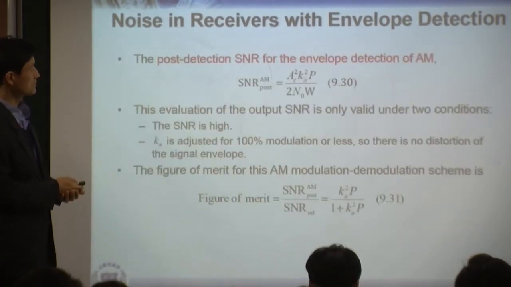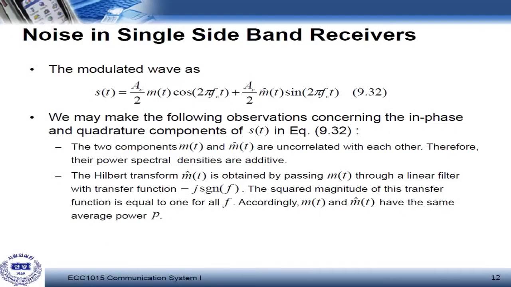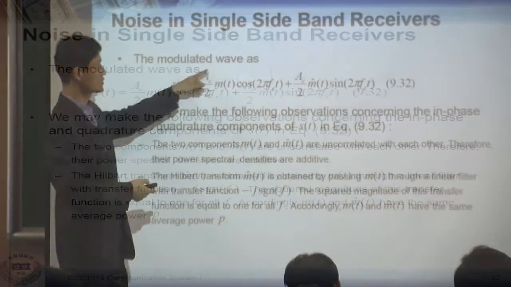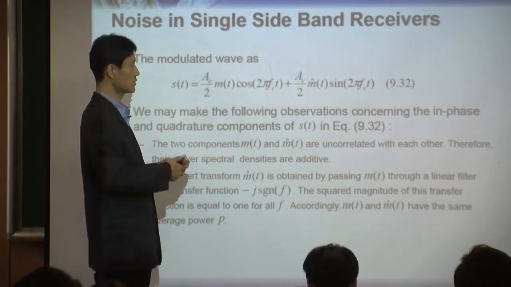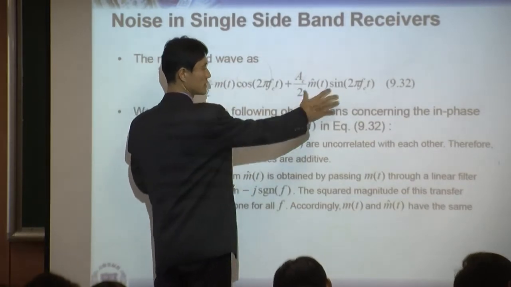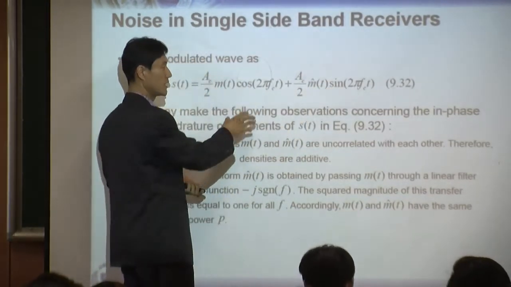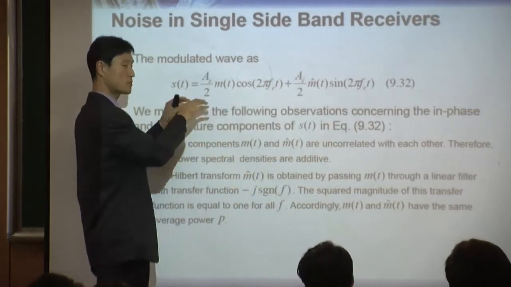For SSB, same way. This is the signal, so you square this and take an expectation, the same way. But in this case, when you square this whole thing, since we have two terms, this squared plus that squared plus 2 times this, right? So we have a cross term, a cross product.